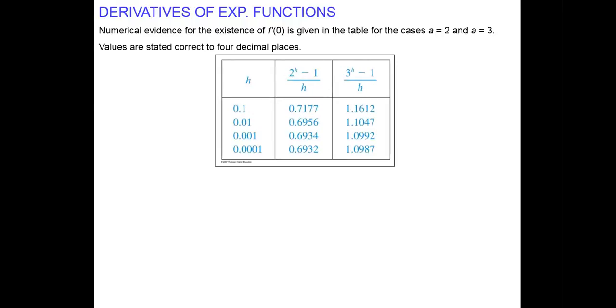I put these values into the ratio from the limit, substituting the h value. Of course, I can't really put 0. I have to be really close to 0: 0.1, 0.01, 0.001, and so on.